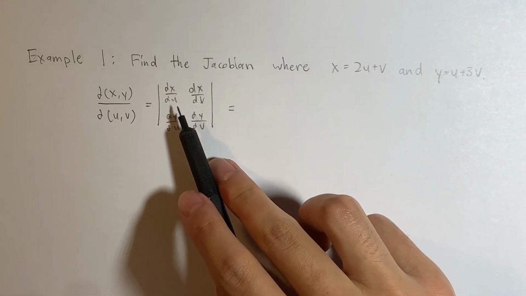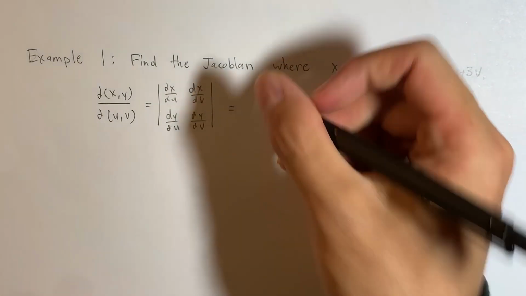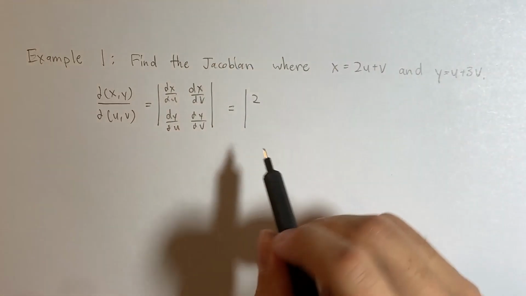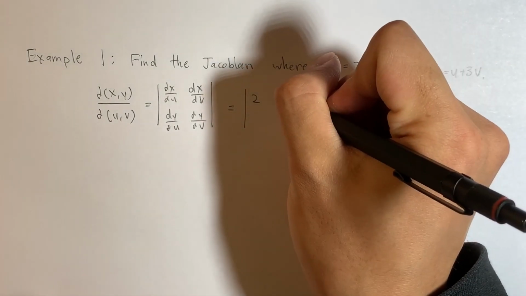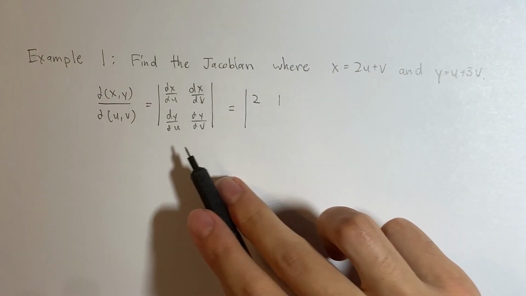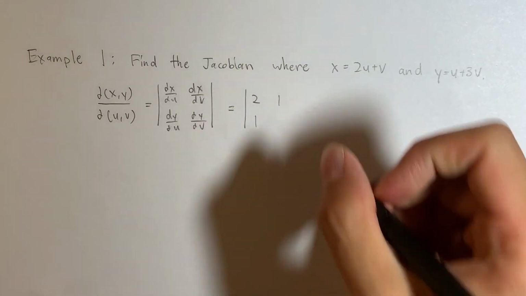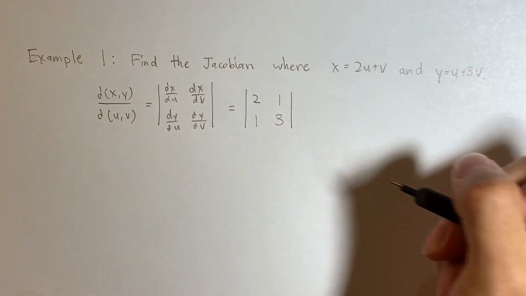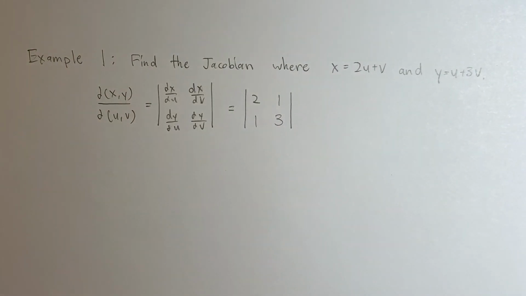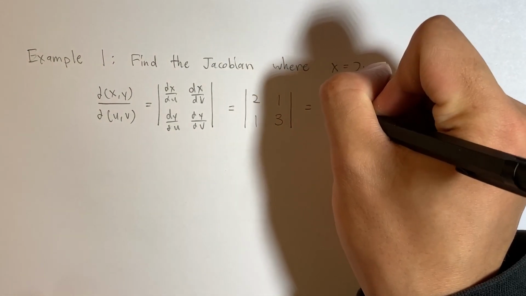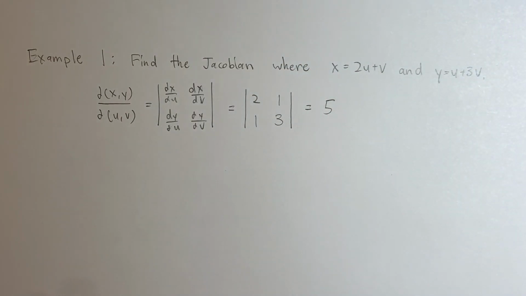Partial x partial u is equal to 2, partial x partial v is equal to 1, partial y partial u is equal to 1, and finally partial y partial v is equal to 3. And this is the same determinant as the one we had in our warm-up, so we can just get the answer of 5.